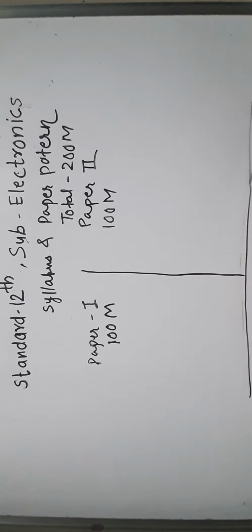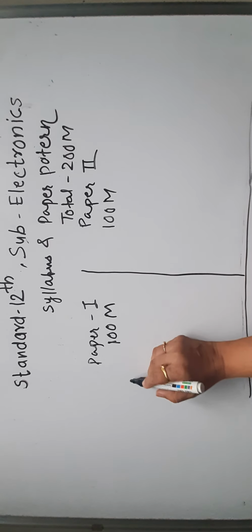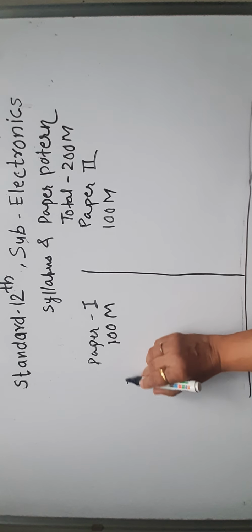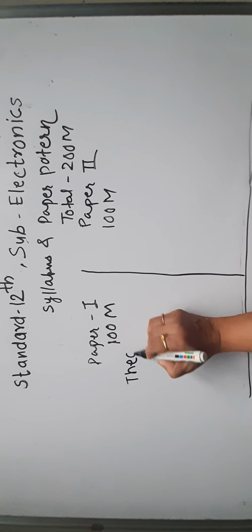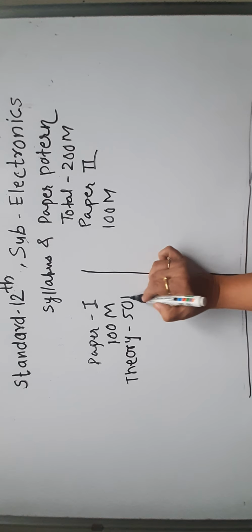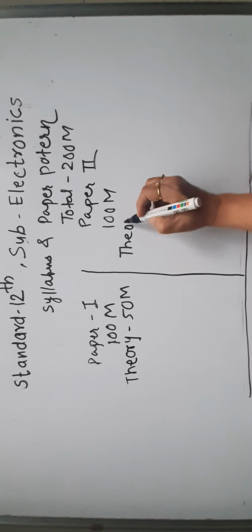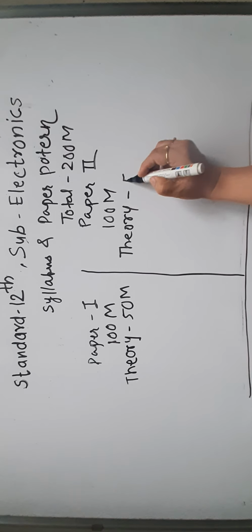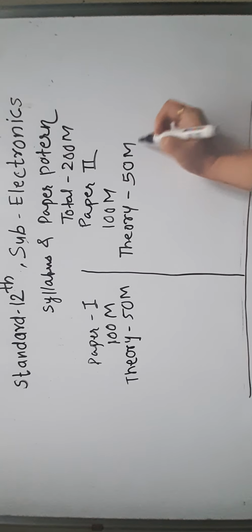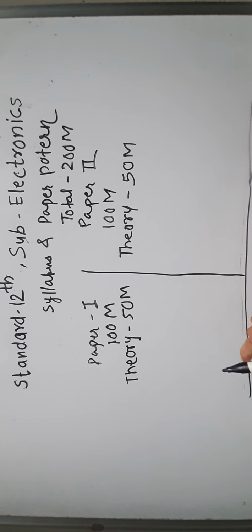Each is divided into two parts. Theory, means written paper, that is for 50 marks. Here also theory or written paper for 50 marks, and the remaining 50 marks are for practicals.